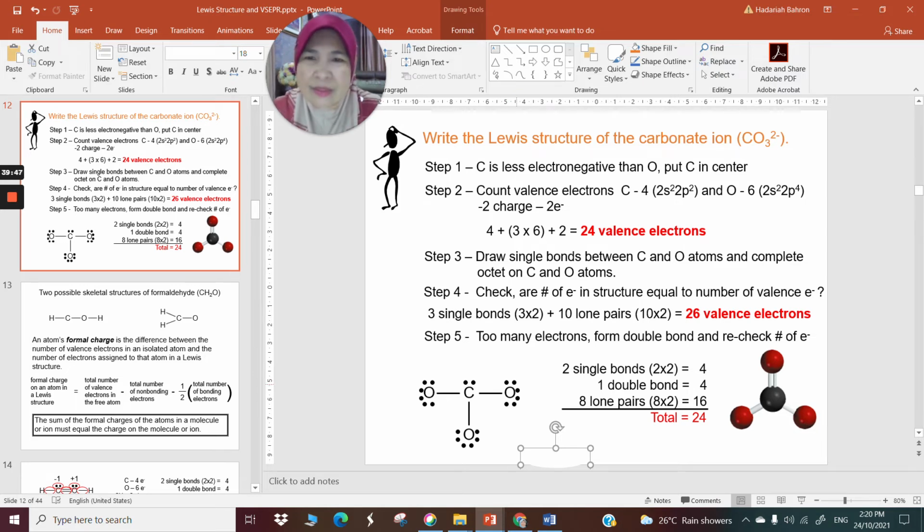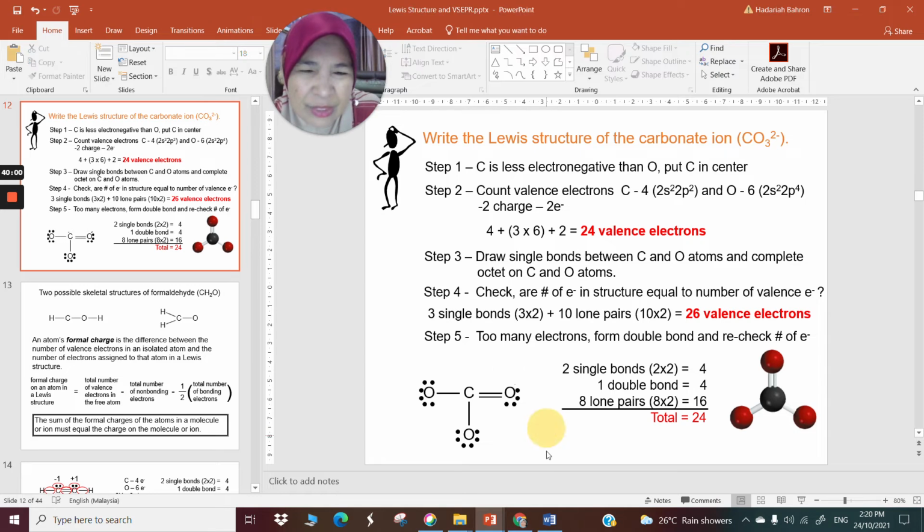Take them away. 2 from the carbon, 2 from the carbon, 2 from the oxygen, and draw another bond between the two atoms where you have collapsed the pair of electrons, two pairs of electrons, and count. So let's count. You have 1, 2, 3, 4 plus 6, that's 10, plus another 6, that's 16. 16 plus 2 is 18, 20, and a double bond represents 4 electrons, that's 24.